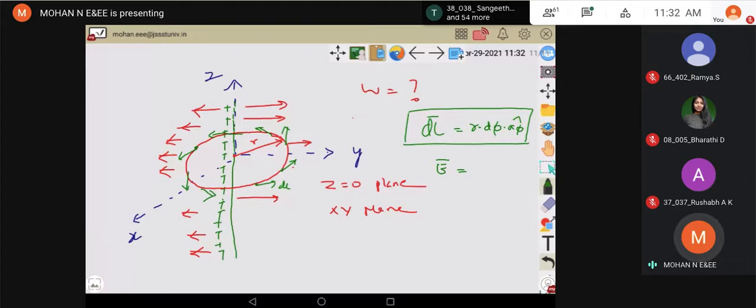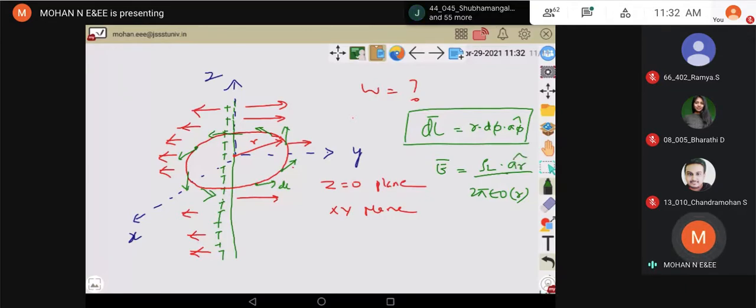Can somebody recall the formula? Electric field is rho L by 2 pi epsilon naught, and the distance at this point is r. The field direction will be along the radial one. It is a r cap.